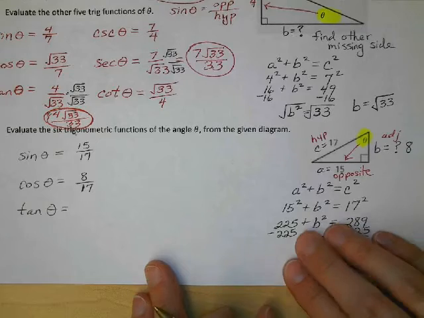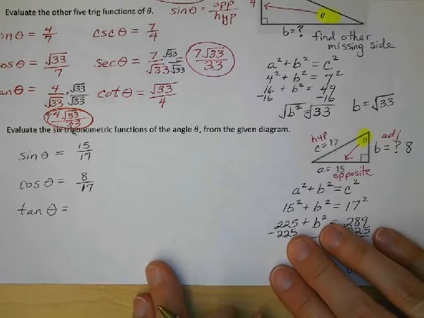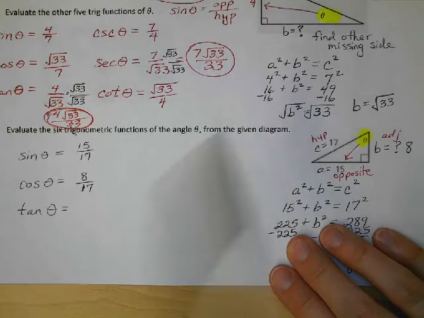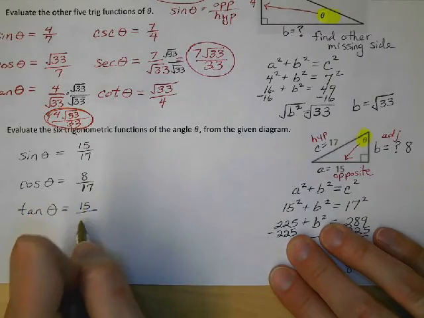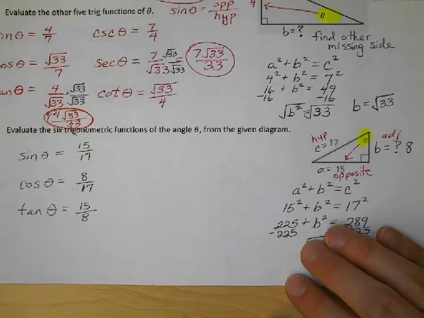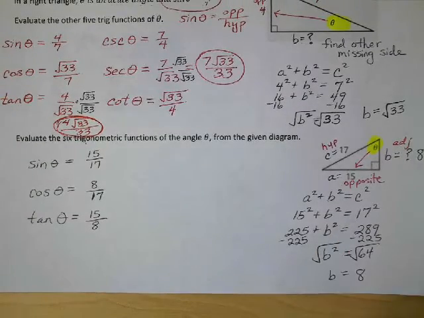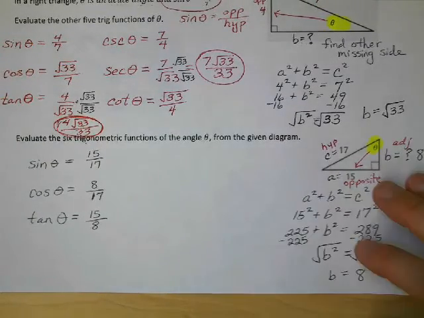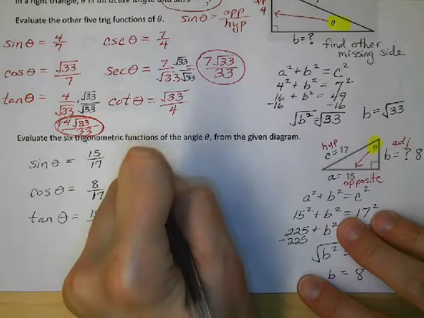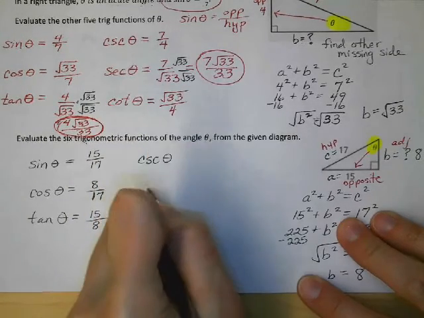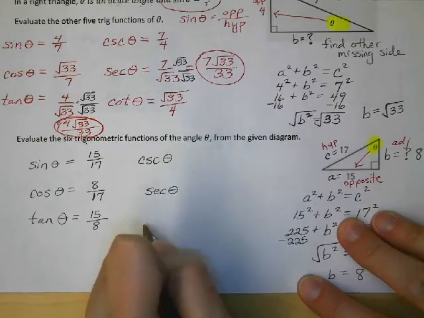Okay, now we need tangent. Tangent up above says opposite over adjacent. So what's that going to be? 15 over the 8. Yep, good job. And I'm just going to keep doing it in the same order every time. So now I'm going to do the cosecant one, and then the secant one, and then cotangent.